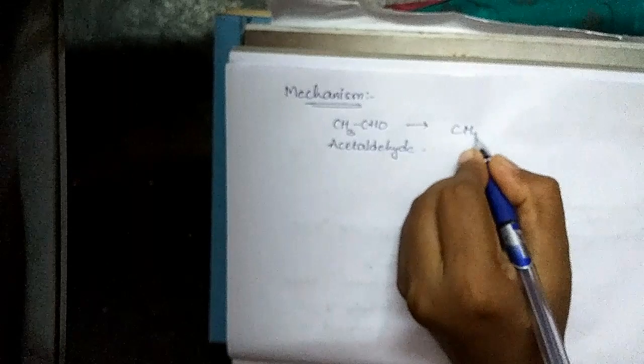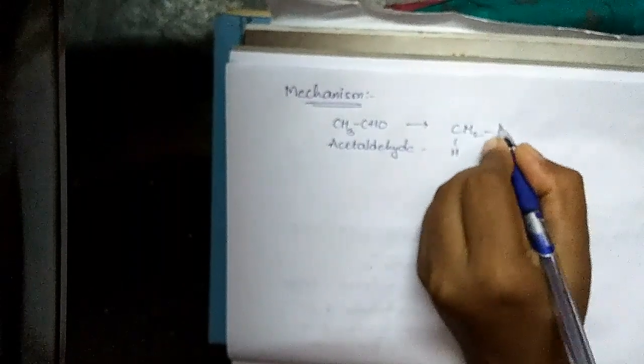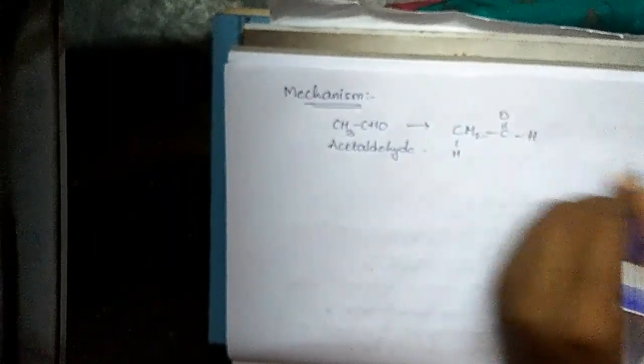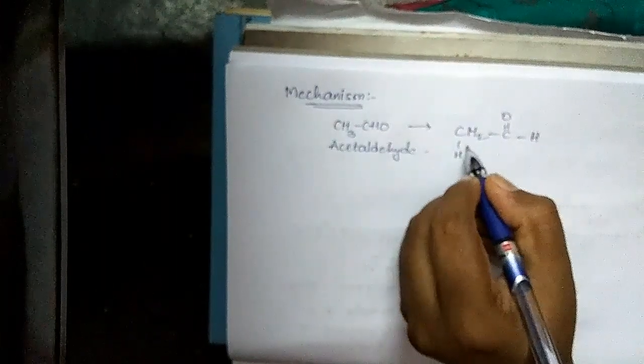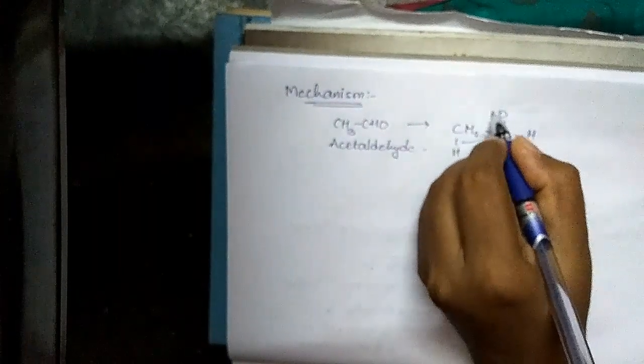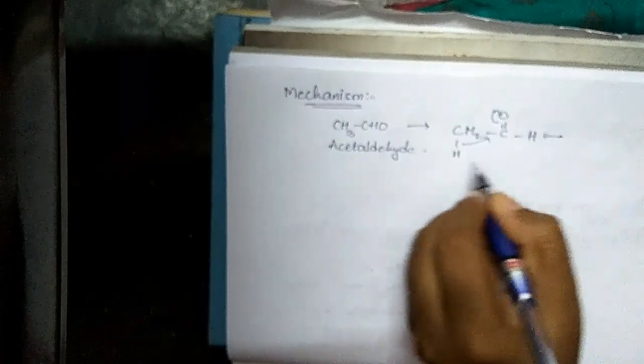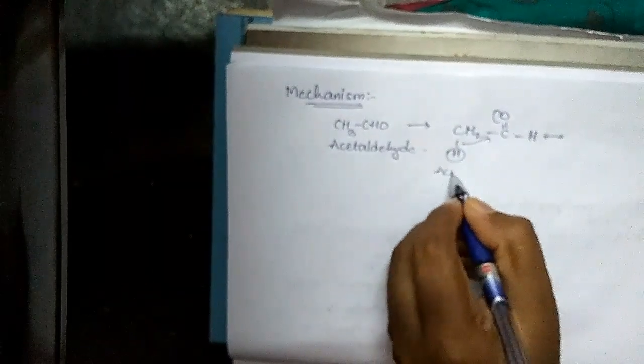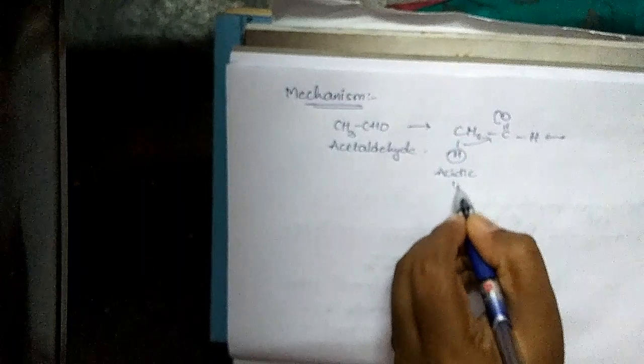Now see the mechanism. CH3 CHO means acetaldehyde. Here in CH3, one hydrogen is acidic hydrogen.